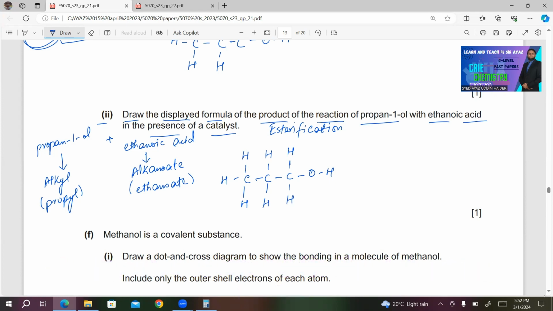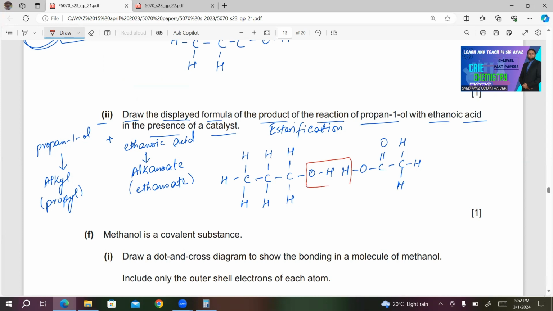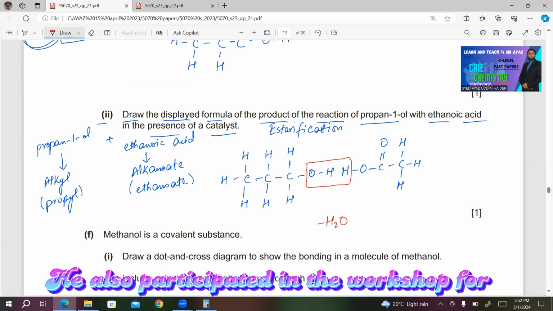Now I am treating this with ethanoic acid, which will give alkanoate ion in this case. So I am drawing the displayed formula for alkanoate. H single bond O, C double bond O, CH3. Now in this reaction, there is a release of a molecule of water. So these will be removed as H2O.